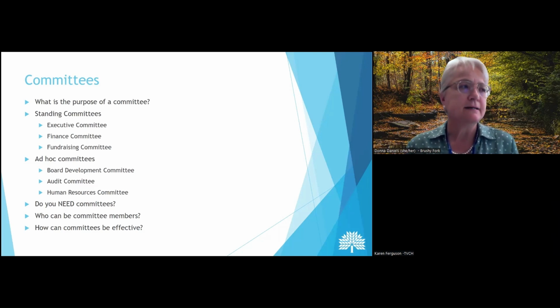And then the fundraising committee, sometimes called a development committee, is another standing committee that is responsible for conducting fundraising for the organization, right, to bring in revenue. Typically its responsibility is not to do all the fundraising, but to coordinate with fundraising staff, to coordinate with other board members, to help develop a fundraising plan, and to involve their fellow board members in fundraising activities.